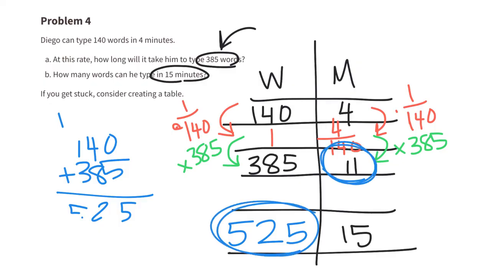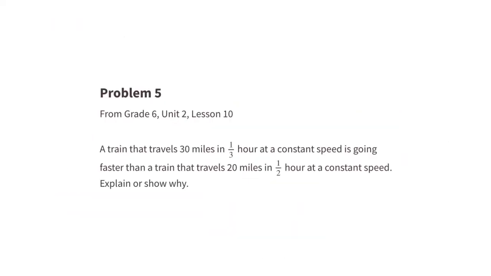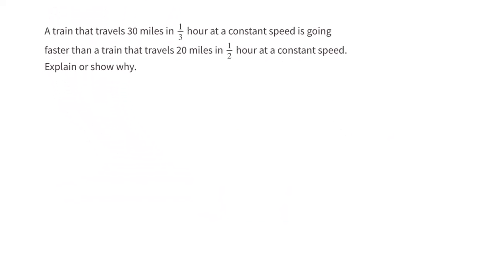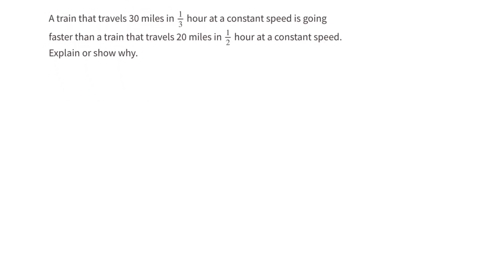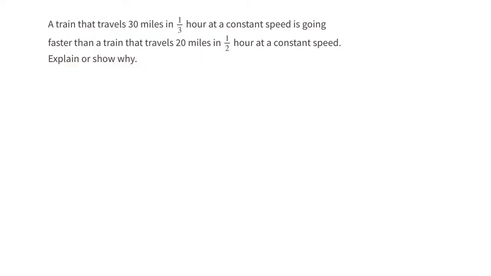Here is our second. A little bit of review this time. A train is traveling 30 miles in a third of an hour, and it is going faster than a train that's going this speed. How do we know?